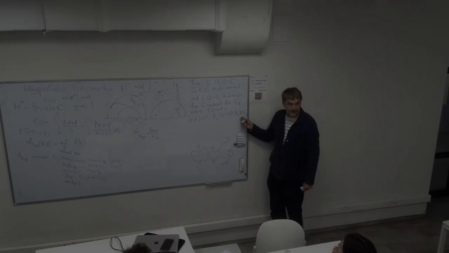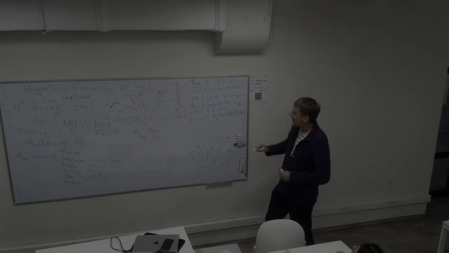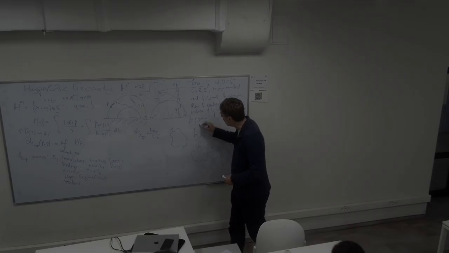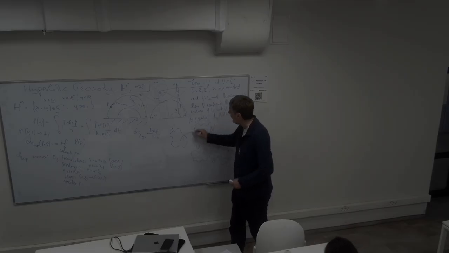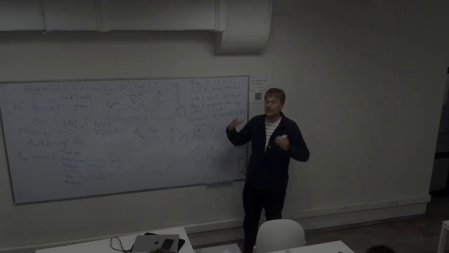Okay, is the statement clear? I have any U and any V, and both are Riemann domains, biholomorphic to the unit disk.